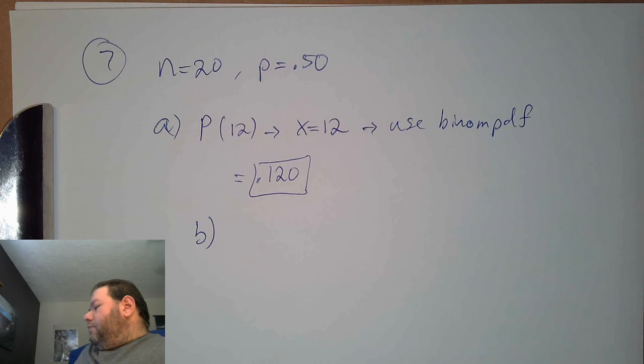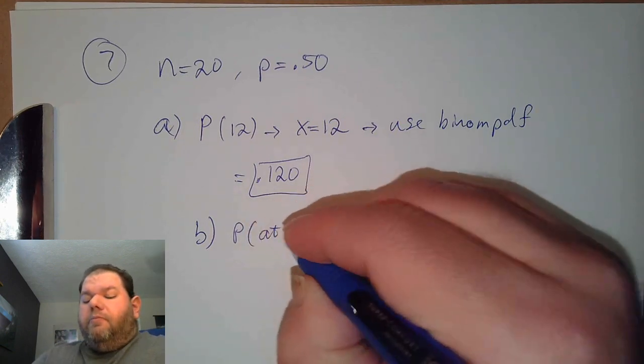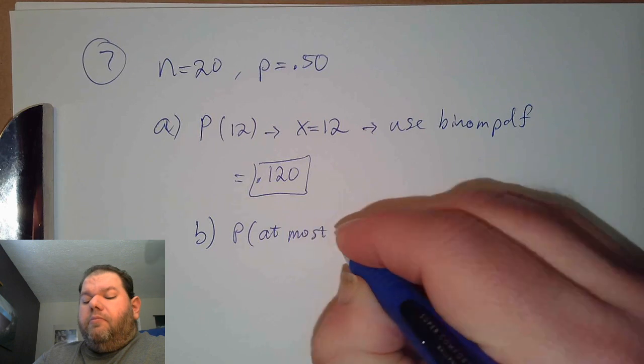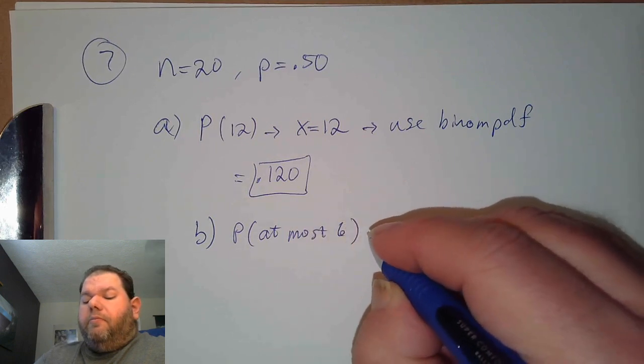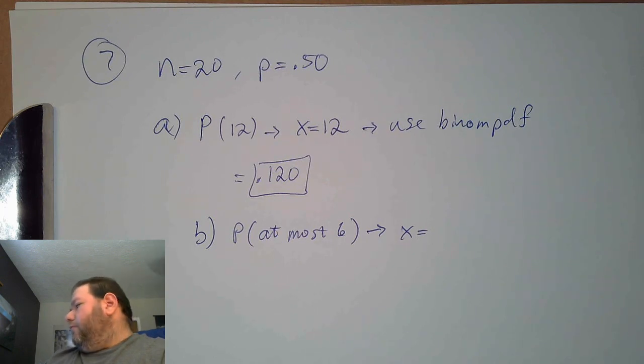Okay. B, find the probability that at most 6 will have a part-time job. Now, if we say at most 6, again, we want to make sure we interpret that correctly.